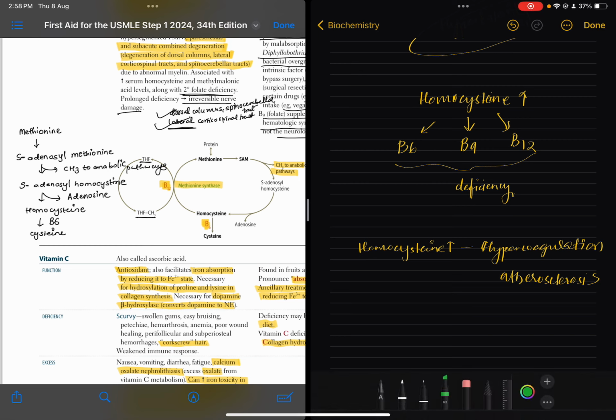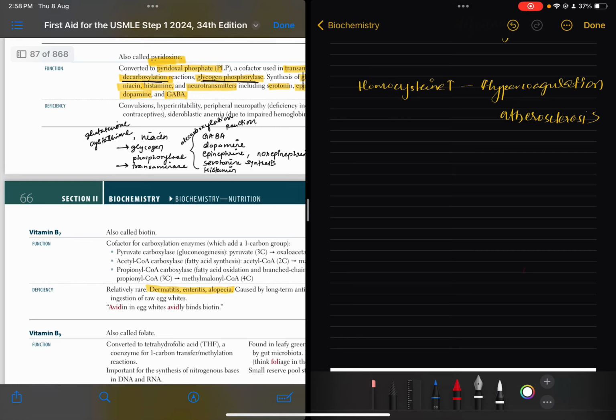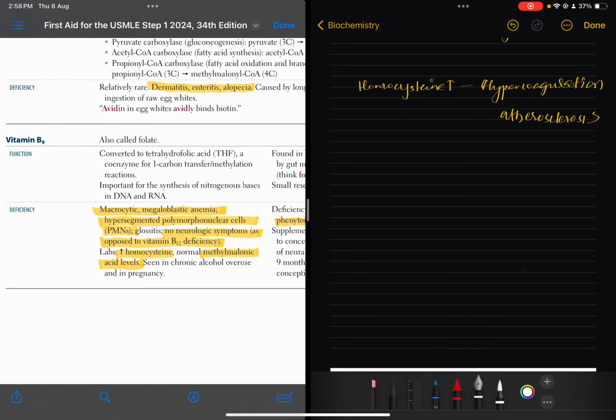So we have seen B9 and B12. B9 is folate, and it will be converted into tetrahydrofolic acid, THF, a coenzyme for one carbon transfer methylation reactions, and it is important for the synthesis of nitrogenous bases in DNA and RNA.